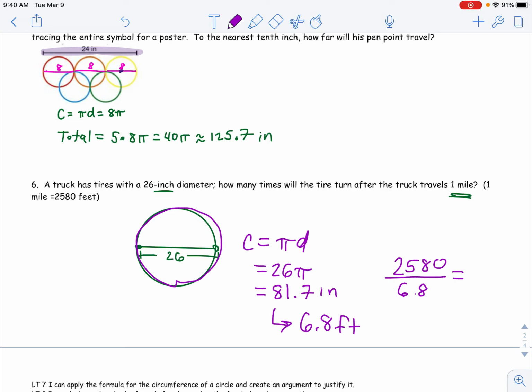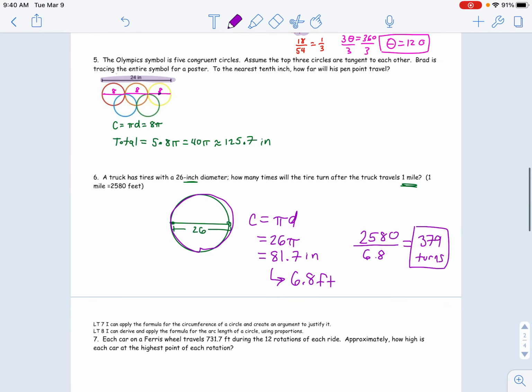It's about 379 turns, about. That's rounded to the nearest 10th. That's pretty interesting. That's how many times the tire would turn in a single mile.